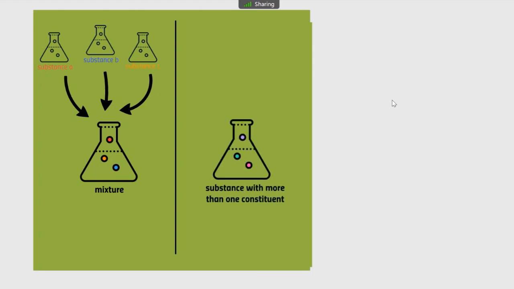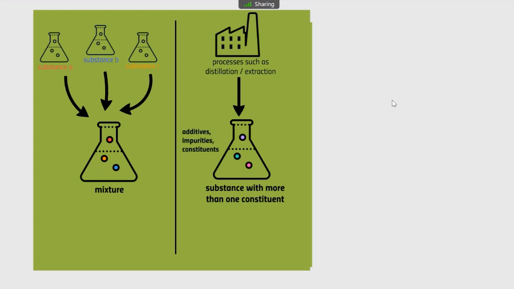However, if you look at a substance with more than one constituent, you have multiple chemical identities within this substance. However, the substance is obtained with processes such as distillation and extraction.